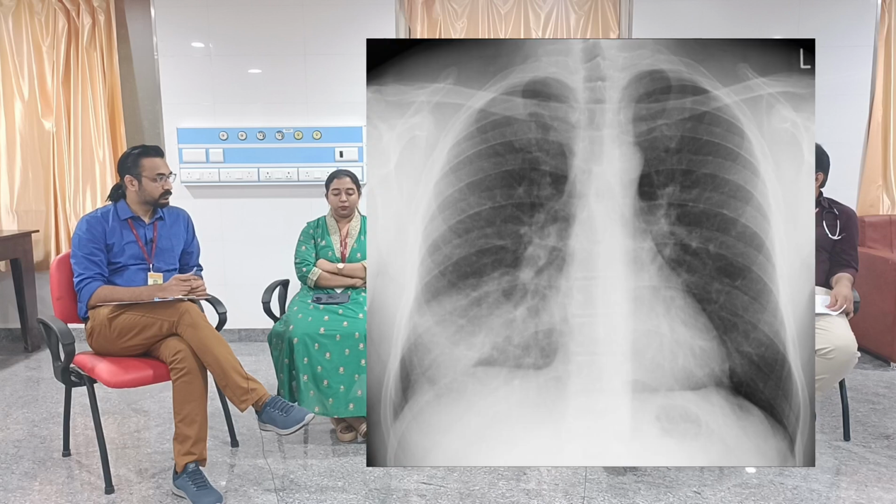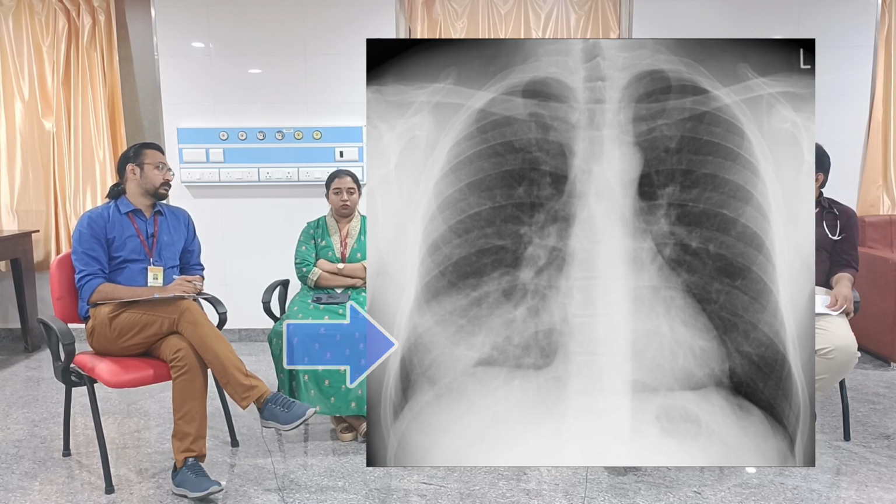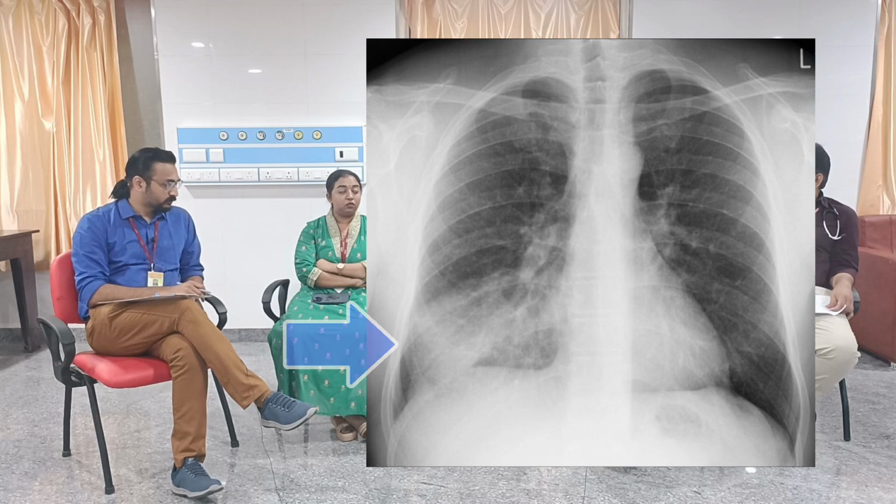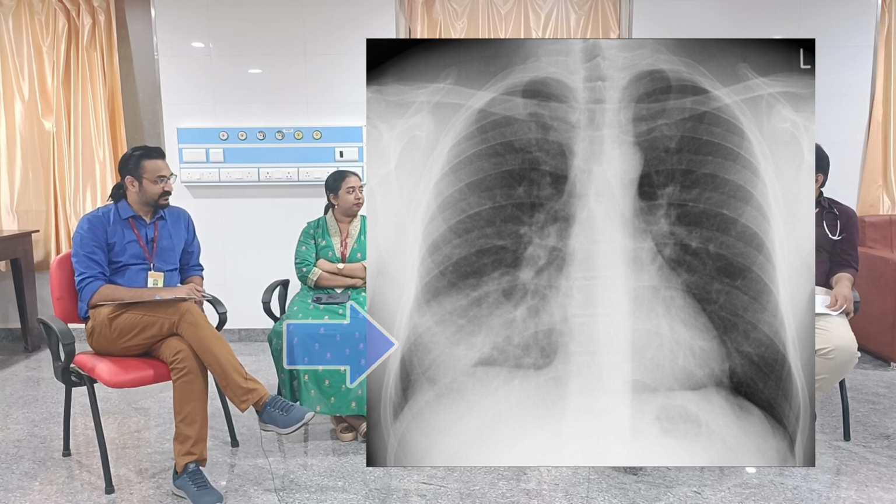Now, what we see reflected on the radiograph is basically the consolidation, like sir said. What is consolidation? It is basically fluid, cellular infiltrates, and exudates within the alveolar spaces, or the airspaces. They get filled with this fluid material, and that is reflected as an opacity or a density on the chest radiograph.